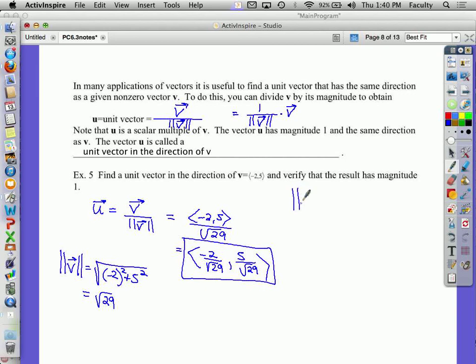So if I want to find the magnitude of this unit vector, there was a very good reason why I didn't want you to rationalize it. It's going to be so much easier to do if it's not rationalized. It's really horrible if you do. The other thing is, in AP Calculus, most of the time you don't need to rationalize.